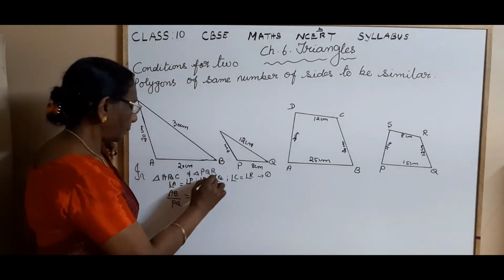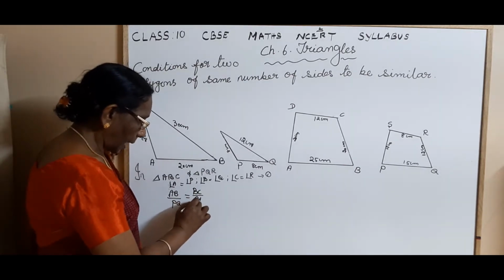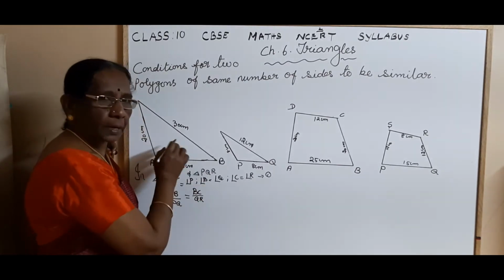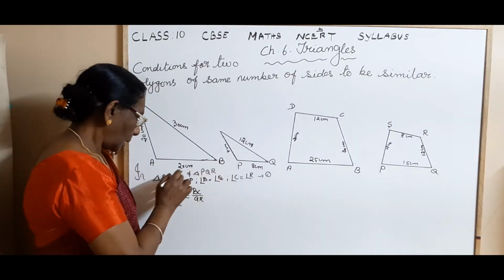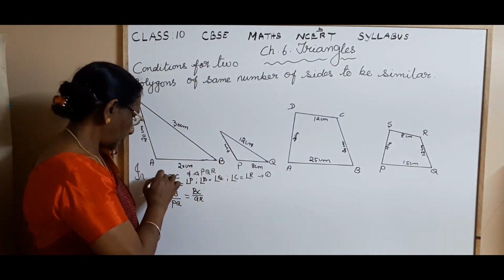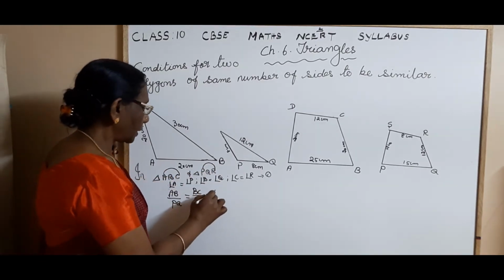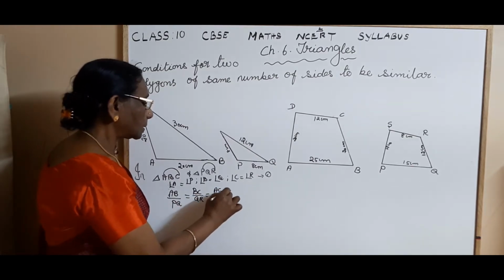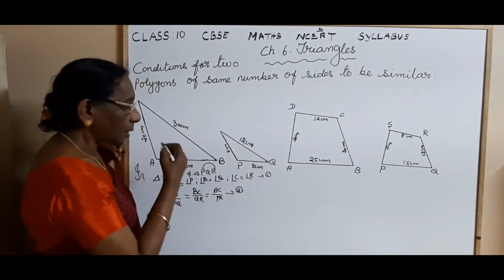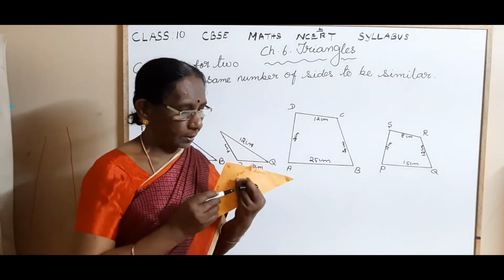BC by QR, because they are the corresponding sides, if I name the two triangles ABC and PQR. Then the last set, AC and PR, so AC by PR. So this is the second condition.